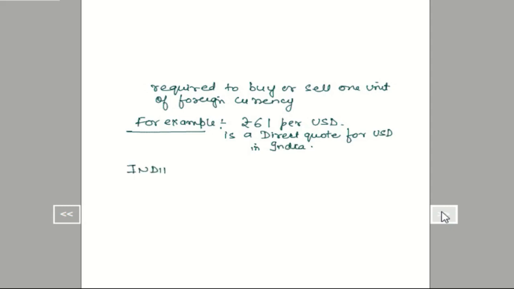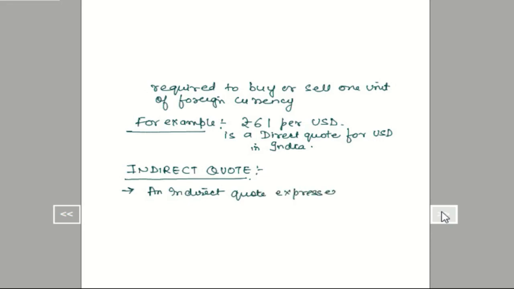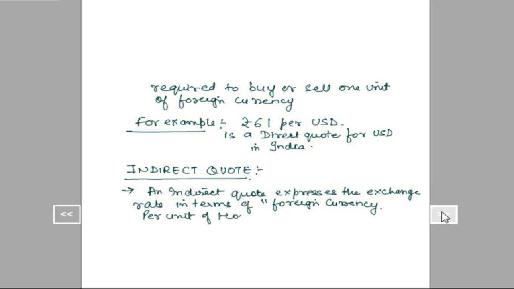Now write indirect quote. An indirect quote expresses the exchange rate in terms of foreign currency per unit of home currency.